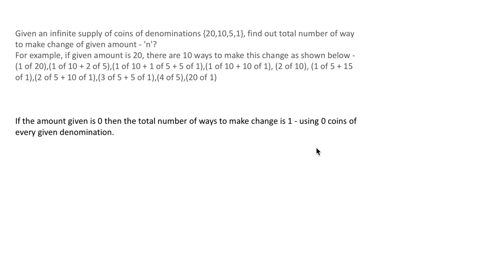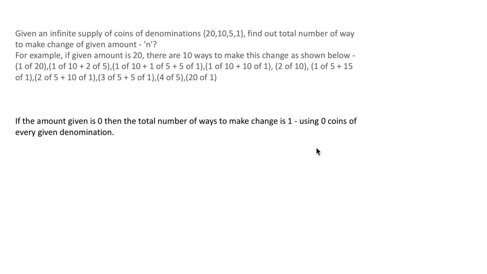So we need to find, like the previous one, right? It is not 100% similar, maybe 20% similar, not more than that. But here you need to find the number of ways, not the max. Here there is no max. You need to find the total number of combinations that you can find.